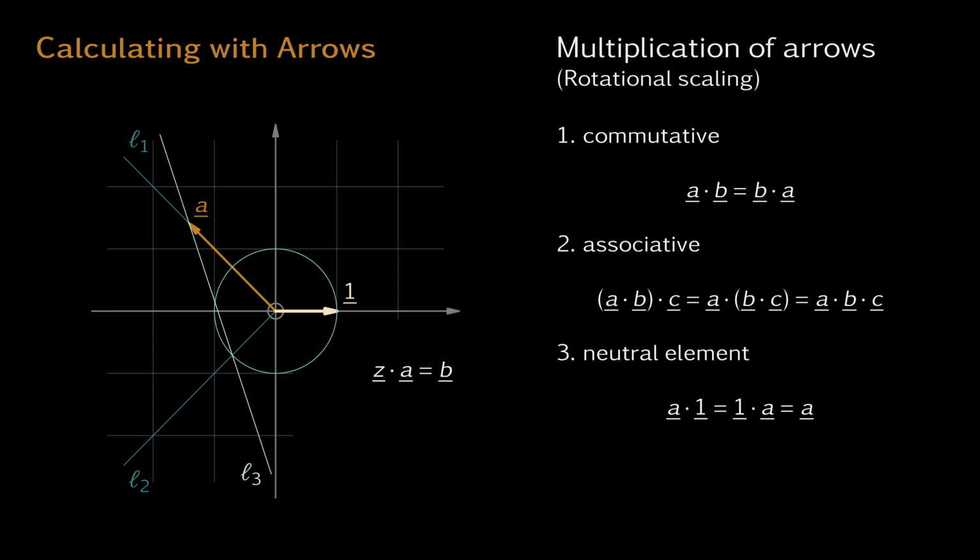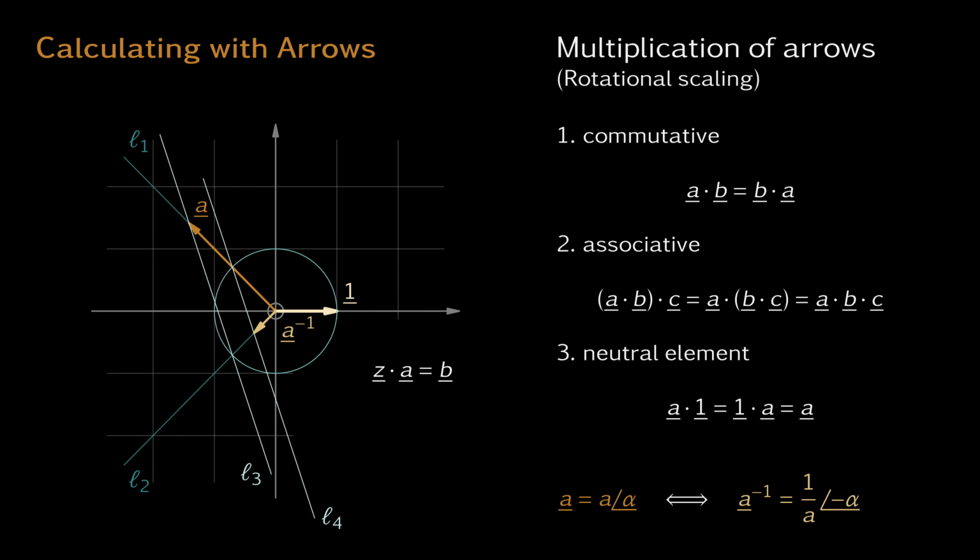And this length must be 1, because our product is supposed to be the unit arrow. So if we parallel shift a copy of L3 to the intersection point of L1 with the unit circle, we get line L4. The head of the inverse element of A is then at the intersection point of L2 and L4. This multiplicative inverse element, or reciprocal, is usually written as A to the minus 1.